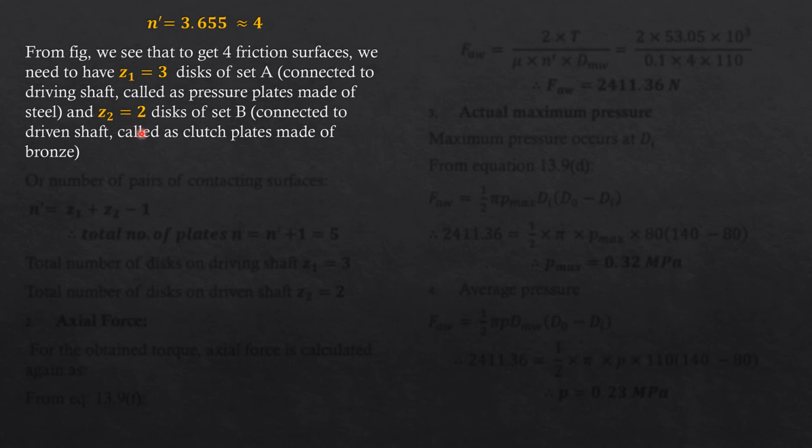All right. Therefore, the total number of plates will be 5. Z1 plates on the driving shaft will be 3, and plates on the driven shaft will be 2.